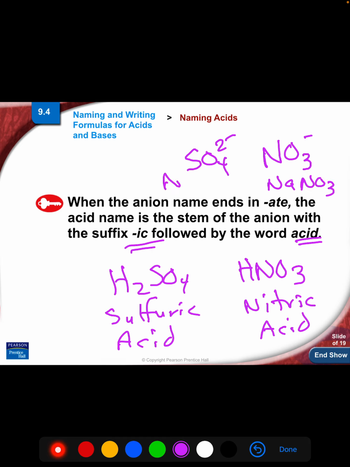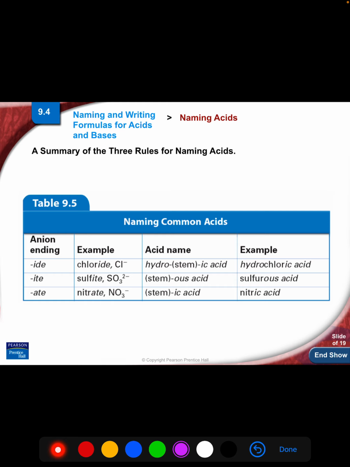Or this would become sodium sulfate. Okay, but when I put the H plus cation, the hydrogen ion, with these different polyatomic anions, then I've produced an acid. Because remember, an acid is anything that produces H plus.